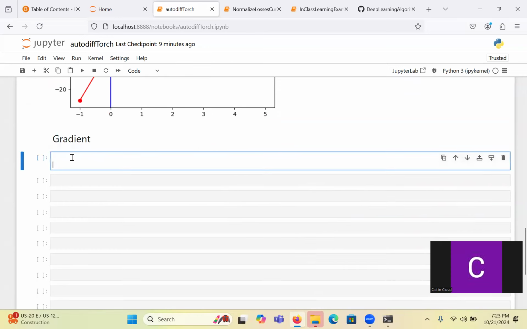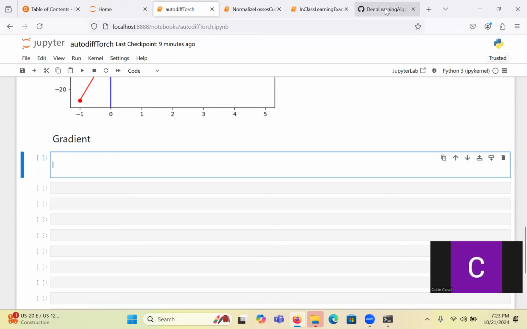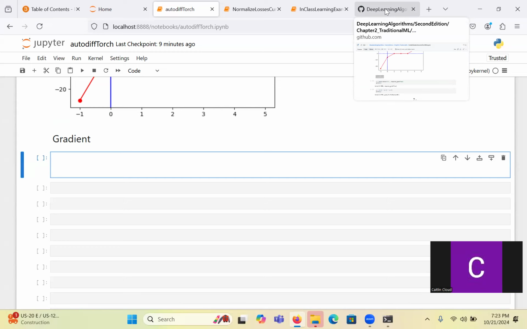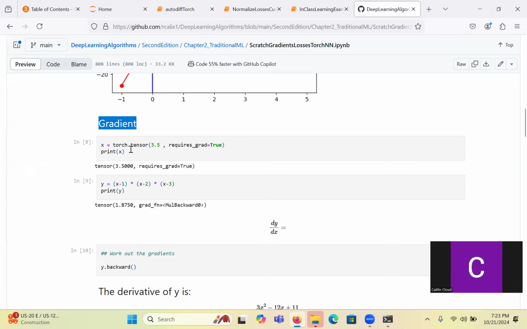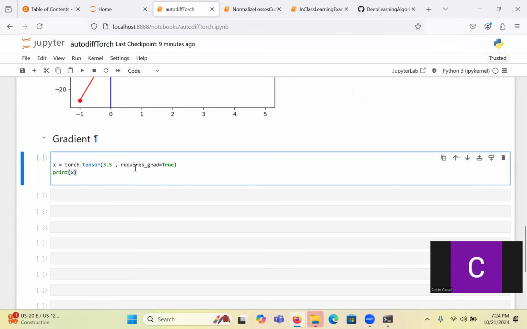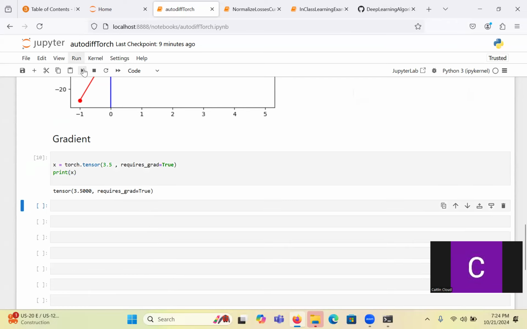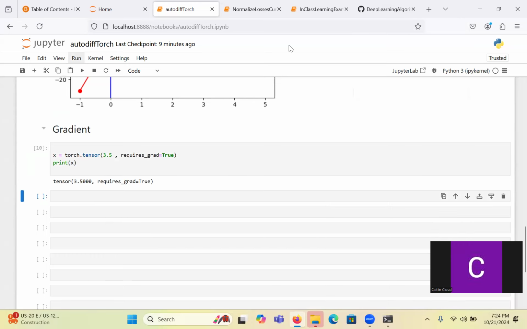Okay. So now I'm going to do that, and then you'll see that loss.backward that we've been using, and basically what it does. So again, I'm going to create my torch tensor, and I'm going to set requires_grad to True. Okay, 3.5. That's what the value is, right?